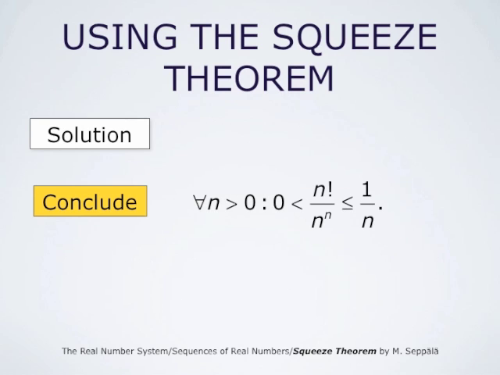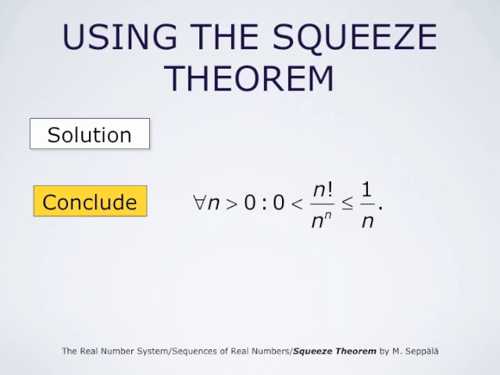Alright, so now we have observed that for all positive integers n factorial divided by n to the power n is always between 0 and 1 divided by n. The lower limit 0 forms a very simple sequence whose every term is 0. The upper limit is 1 over n, and that sequence has the limit 0 as well.